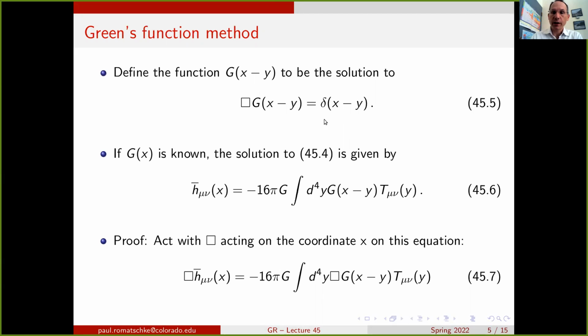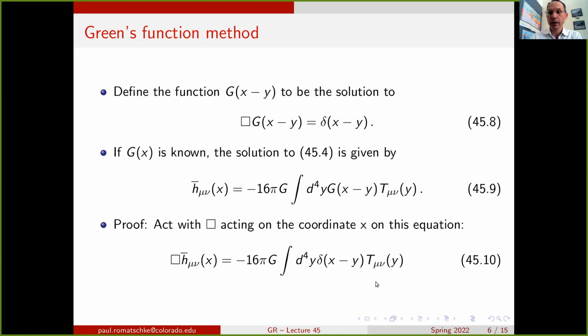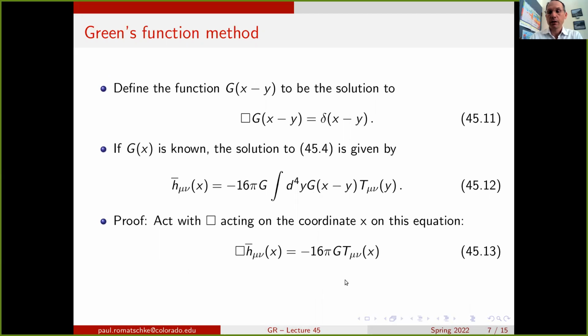Now we can use the defining equation for g to replace the box on g inside the integral. We find that it's equal to a delta function, and then we can use the delta function to do the integral over y to find the wave equation that we were trying to solve. So this is why equation 45.12 is a solution to the inhomogeneous wave equation.